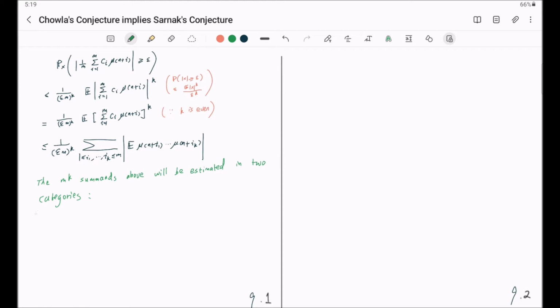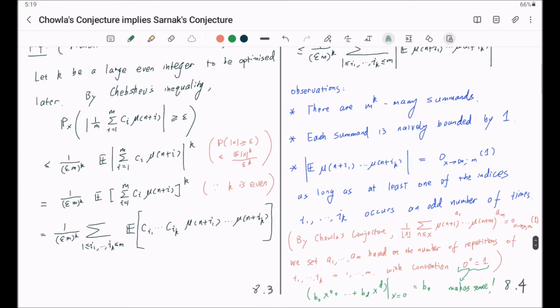First, the odd part. By this we mean at least one of the indices I1 through Ik occurs an odd number of times.